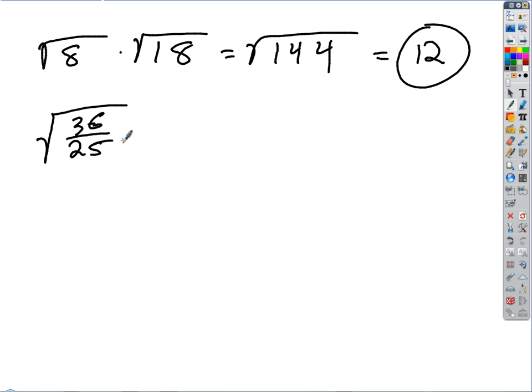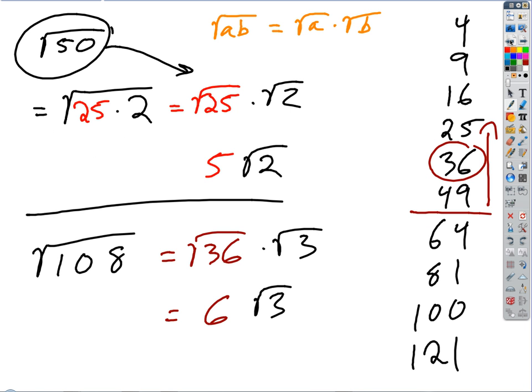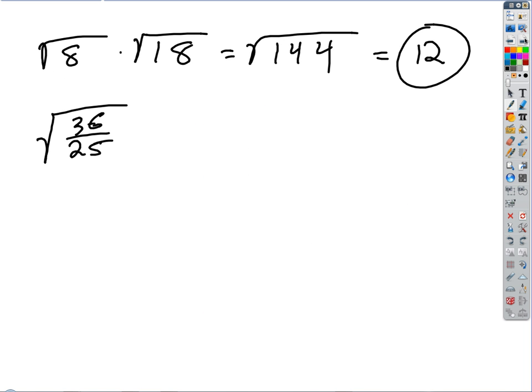Now remember what our trick was. If we look back a couple slides here, we had a pretty cool trick where if we had the square root of a product, we could break it up into the product of the individual square roots. We can do the same thing. Square root of 36 and square root of 25. Aha, good. So we could write this as the square root of 36 over the square root of 25.